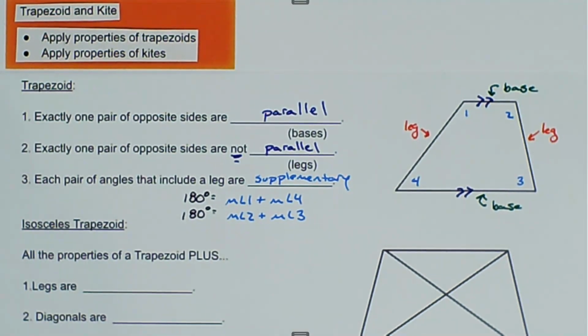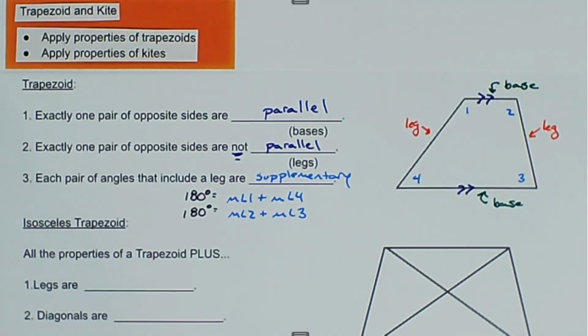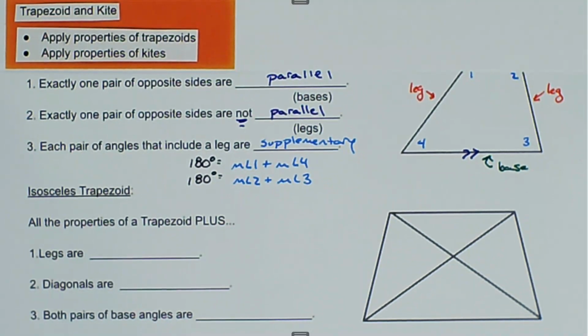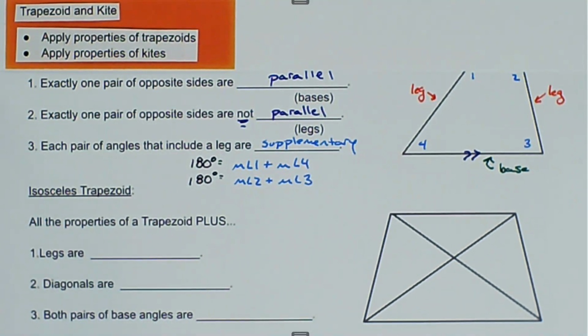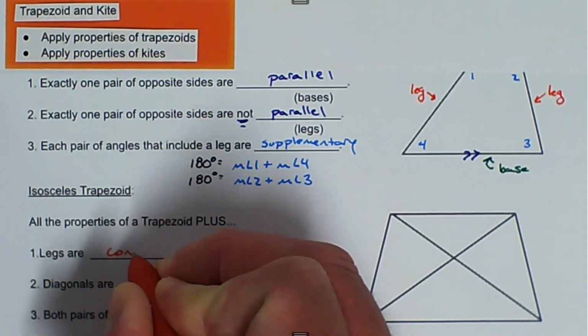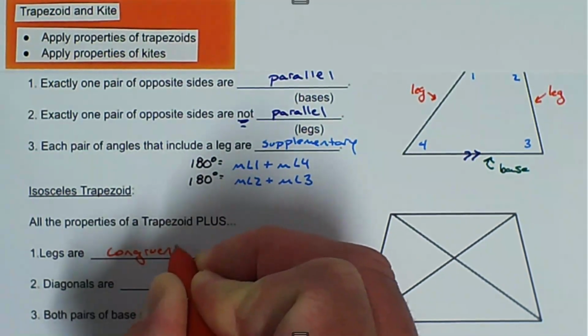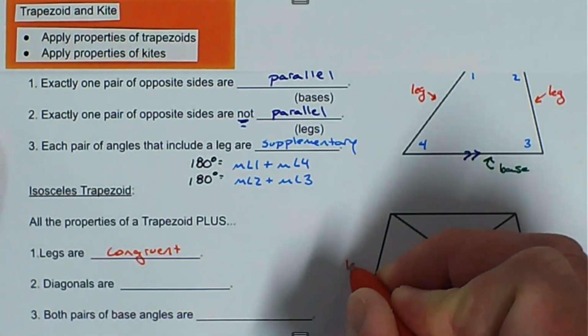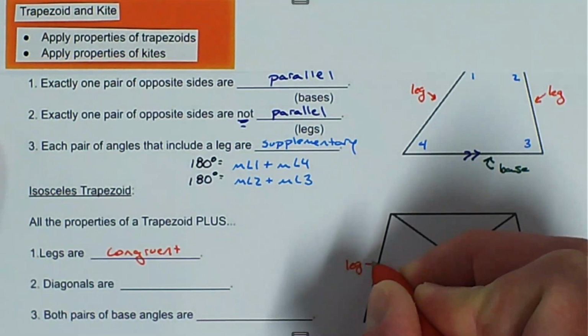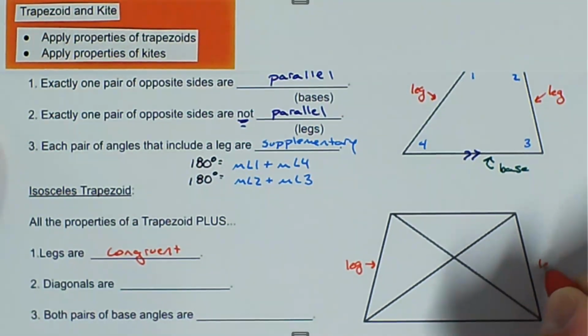That is a regular trapezoid. Now we have the isosceles trapezoid. In an isosceles trapezoid, we have all the properties of a trapezoid, all the ones we just labeled above, plus the legs are congruent. Remember, we said the legs are the sides that are not parallel.